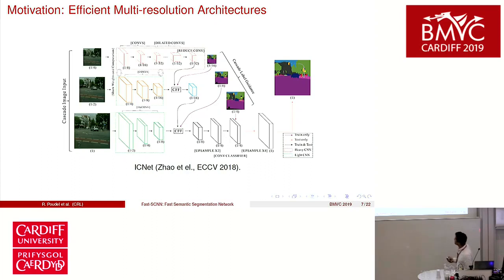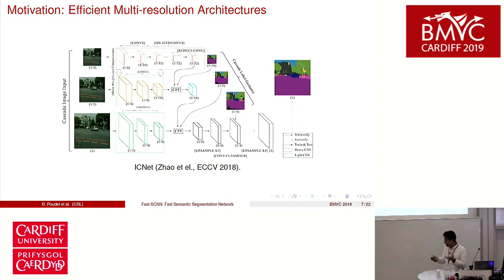So in the first observation, I showed you that the first few layers learn the same thing, right? Why do you compute everything separately? That's the question. Another very important one: you downsample using bilinear downsampling. Why can't we learn to downsample at the same time?